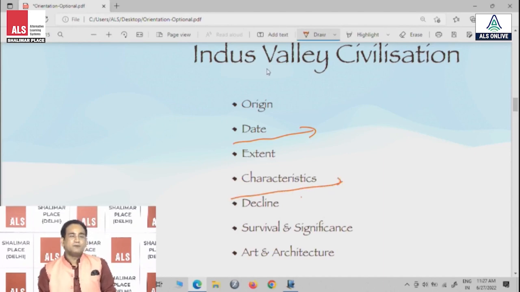So when you prepare Indus Valley Civilization, in the syllabus they have mentioned origin, number 2 date, number 3 extent, number 4 characteristic, number 5 decline, number 6 survival, number 7 art and architecture.